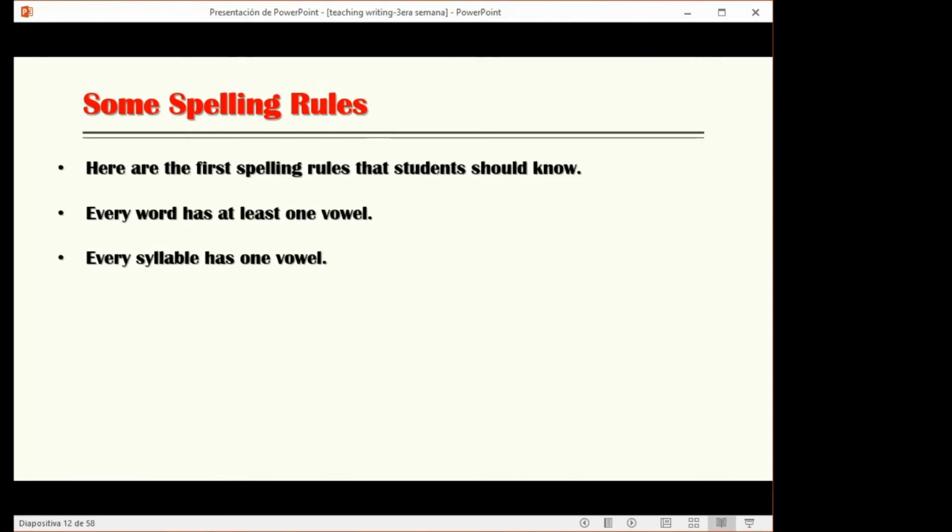There are some exceptions to this rule. For example, when we talked about phonetics and phonology, we talked about the sound, the schwa. And I told you that this sound, the schwa, is the vowel that English speakers use the most, but at the same time, it is the vowel sound that they take out the most. And when they take out the vowel, what happens with this rule?